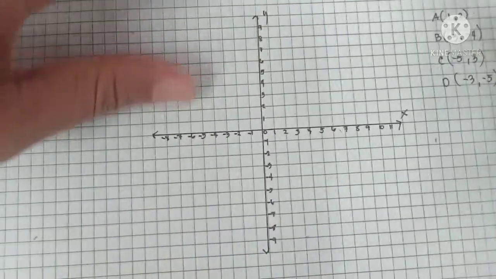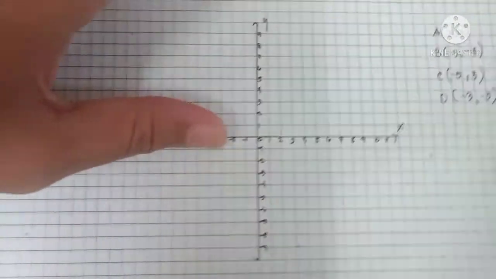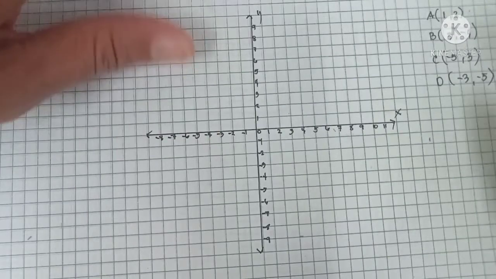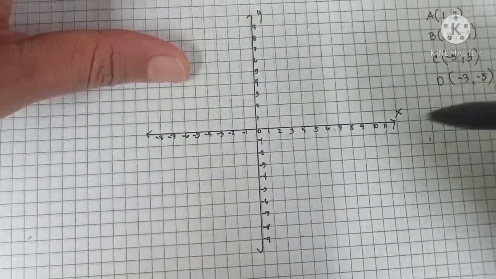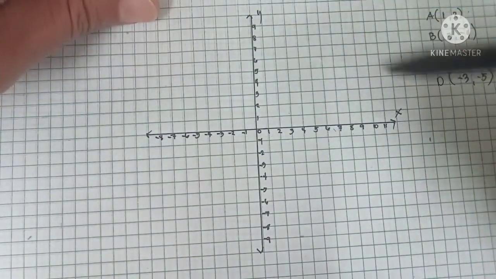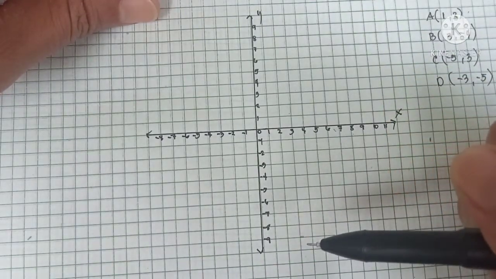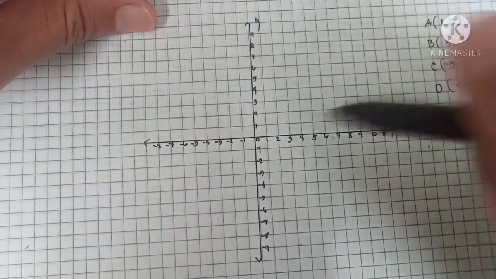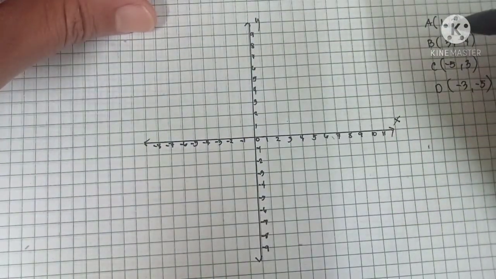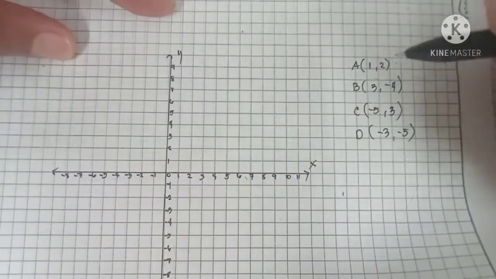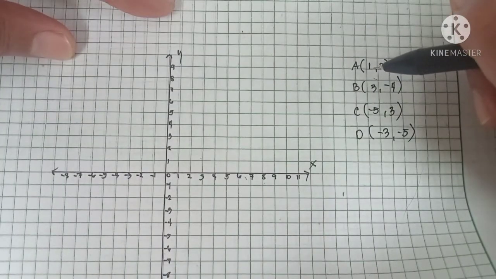So this is the crucial part. How are we going to plot the points? Okay, so remember that this is our x and this is our y axis. So our x now is our x here. Our x here is 1.